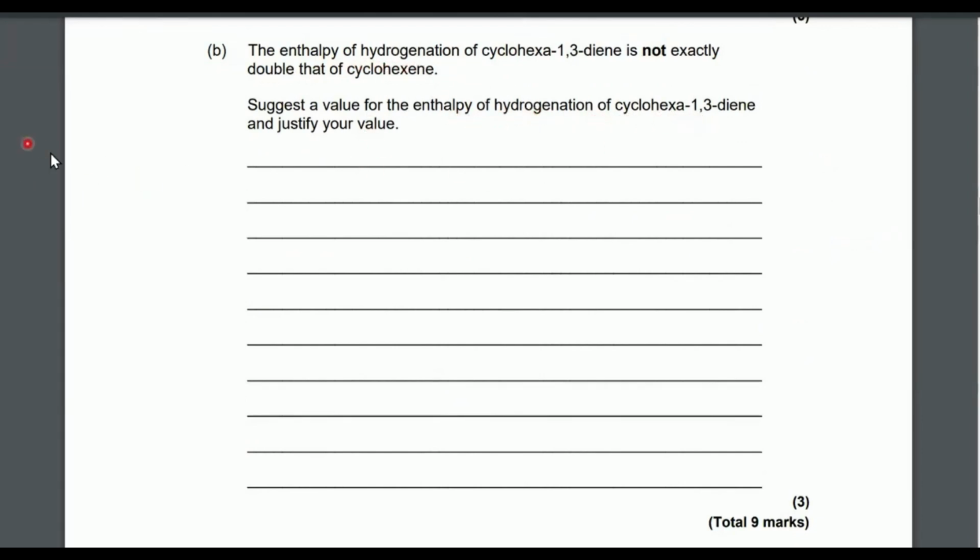Moving on to the final bit: the enthalpy of hydrogenation of cyclohexa-1,3-diene is not exactly double that of cyclohexene, so give the value for the enthalpy of hydrogenation of cyclohexa-1,3-diene and justify your value. So we might think that when you've got one double bond in a cycloalkene, adding hydrogen across it releases minus 120 kilojoules per mole.